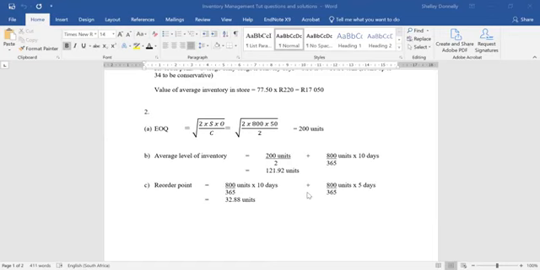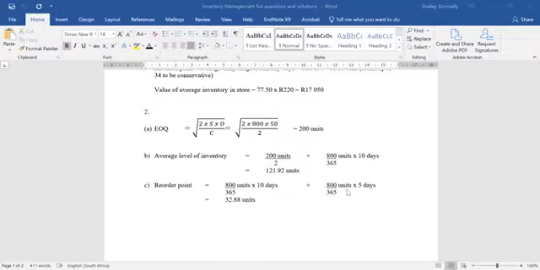So they pick up the phone, they order their 200 units, knowing full well that they've got 5 days worth of stock on hand, so that by the time the delivery arrives 5 days later, they will have used up the 5 days worth of units, but they won't have touched the 10 days worth of units either, which is the 22.